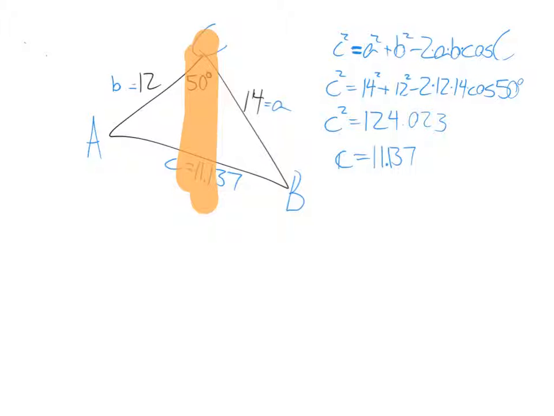So once you get that pair across from each other, it doesn't matter if you find A or B. You find an angle using the law of sines, and then you can just subtract to find your last angle.